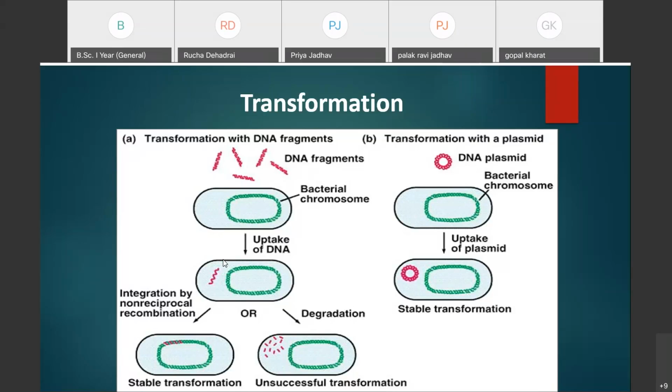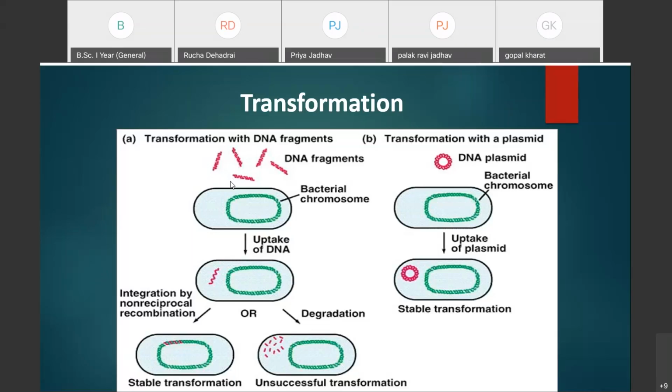Here the DNA carrying the genetic information is transferred from the donor cell to the recipient cell through the liquid medium. Here you can see these DNA fragments present in the liquid medium, and these are then transferred into the recipient cell.